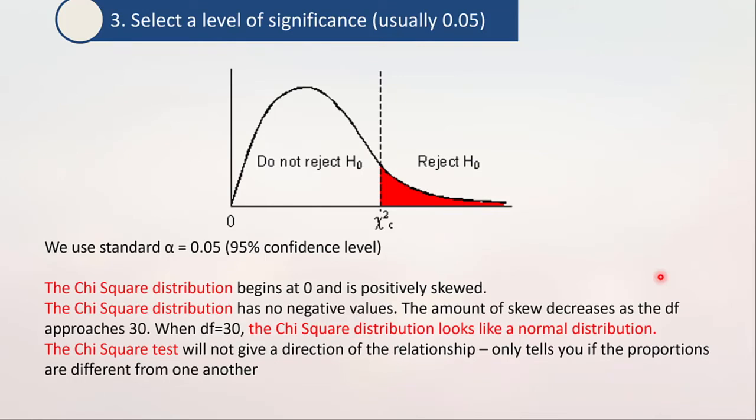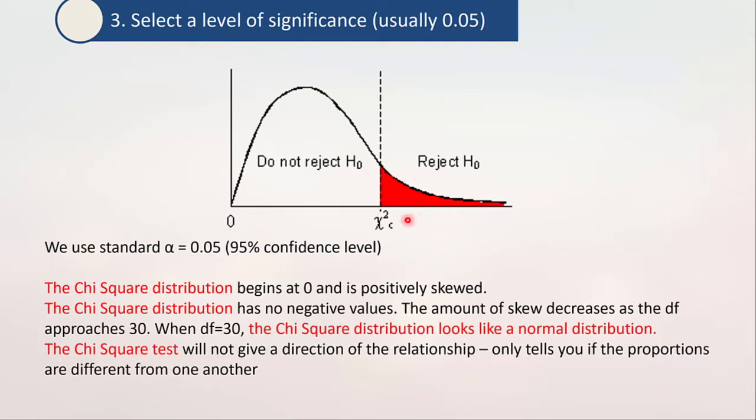The next step is to select a level of significance. We will use 0.05 again. And note the distribution of the chi-square test is different from the t-test or z-test. There are no values below 0, so it always begins at 0, and it is positively skewed. The amount of skewness decreases as the degrees of freedom, df, approaches 30.